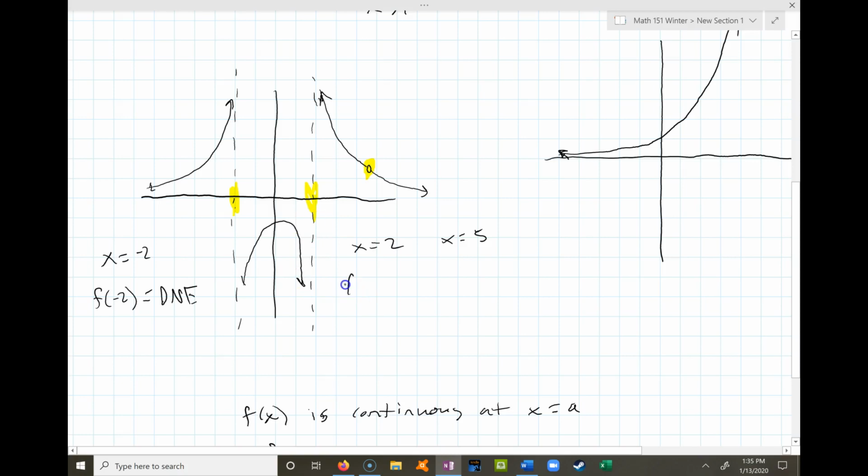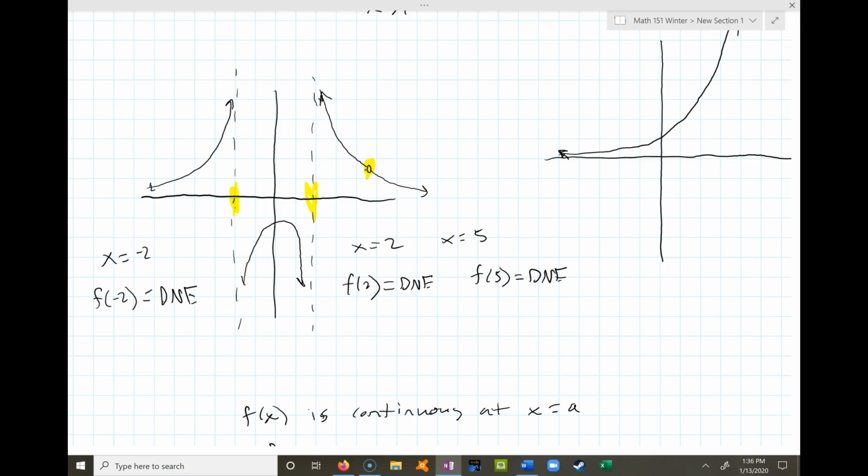How about right here? Does f of 2 exist? No, does not exist. That's why there's a discontinuity there. What about at 5? Does f of 5 exist? No, does not exist. There's nothing there. So these are all discontinuities because they don't pass the first part of the definition.